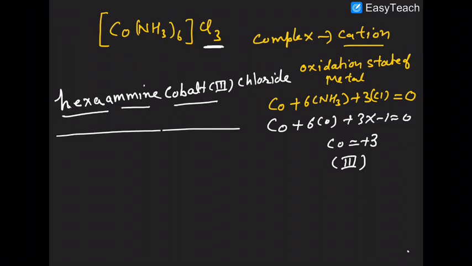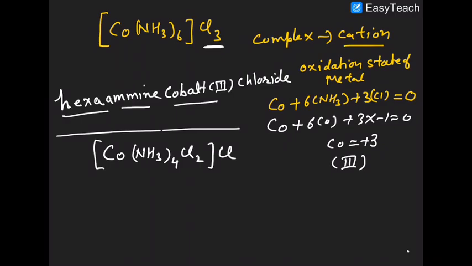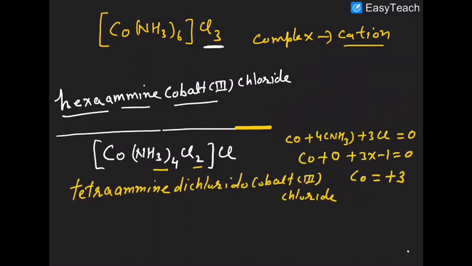Now let's look at one other name. Here also you can see, first find the oxidation state. Ammonia carries a charge of 0, so we write 0.